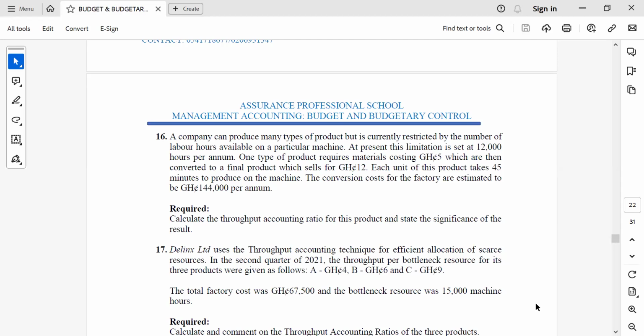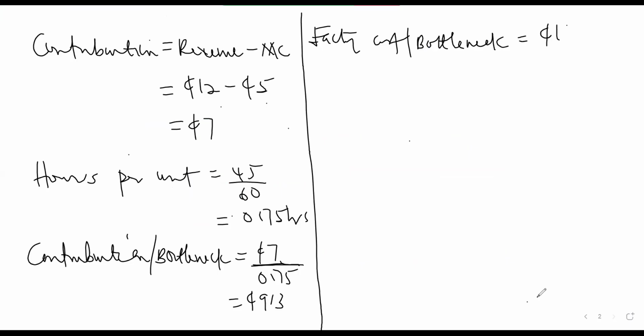So what will be the cost per hour? We have 144,000 divided by 12,000. That will give you 12 cedis.